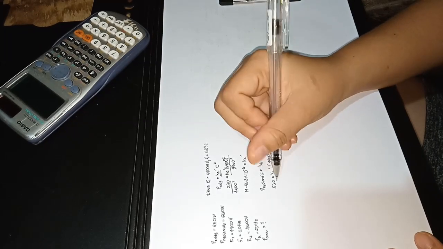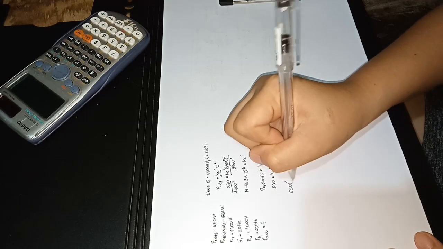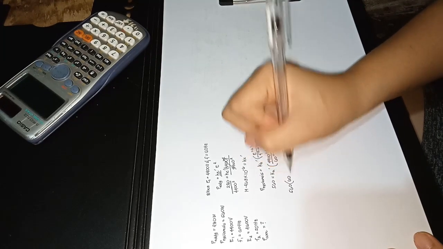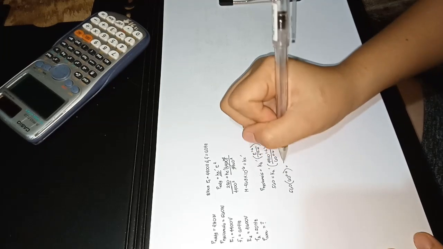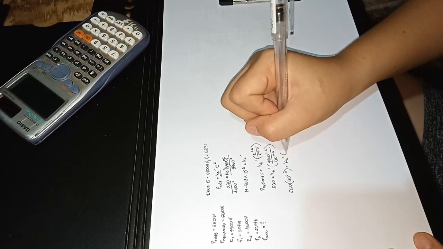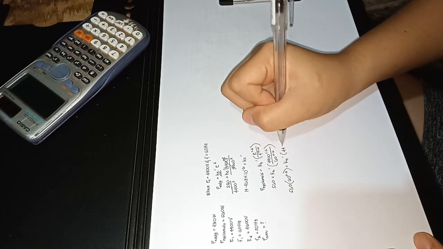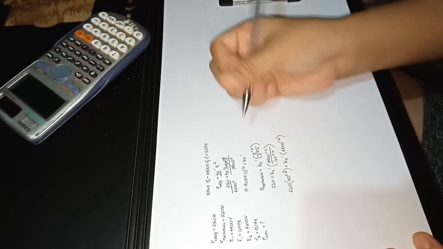First, cross multiply: 560 times 60 raised to 0.6 equals Kh times 4,400 raised to 1.6.